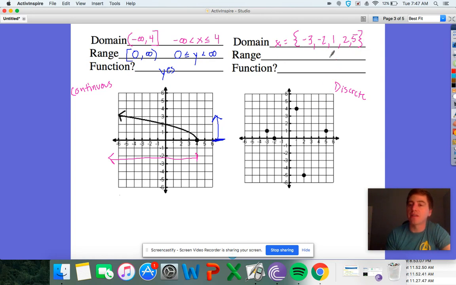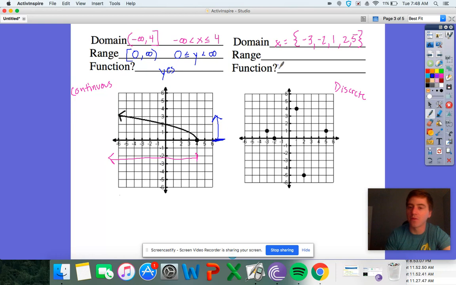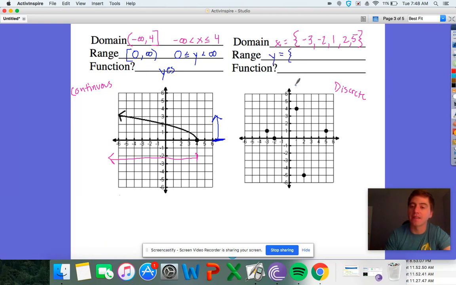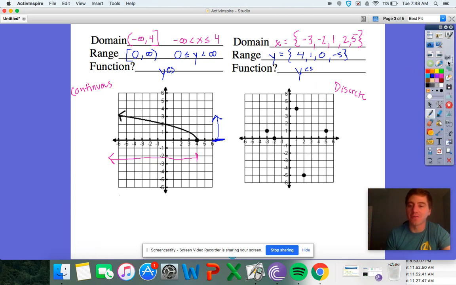The braces just mean here's a set, and then you put what numbers are in that set. Okay, so the same thing with the range. You could say that y equals open a brace, and then just list them. So notice I didn't put 1 twice. If 1's part of the range, then it's part of the range. That's fine. We just put it there once. Don't worry about it. But a discrete graph, you can just write it like this in set notation.